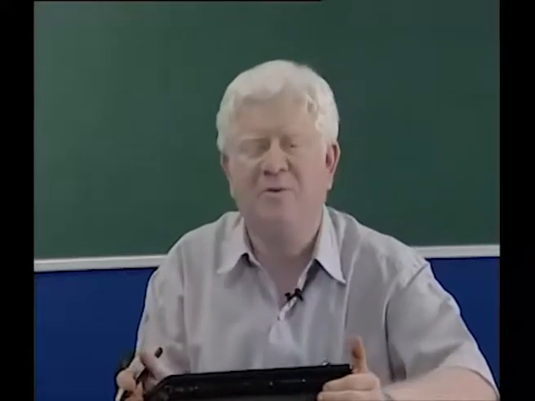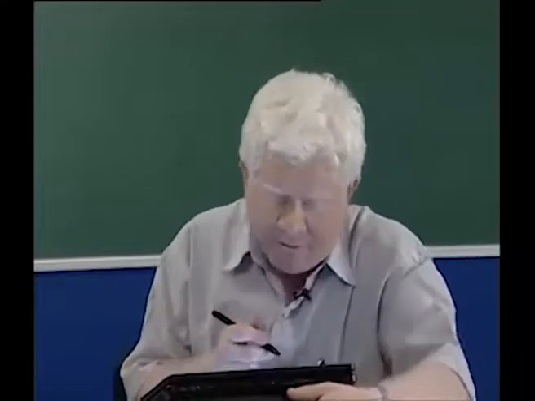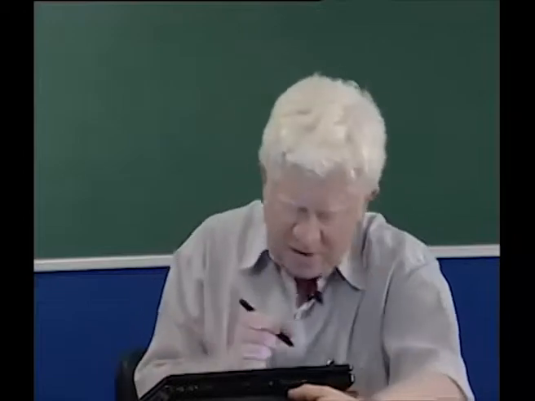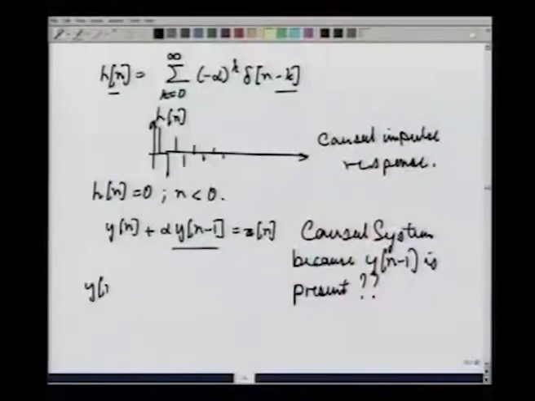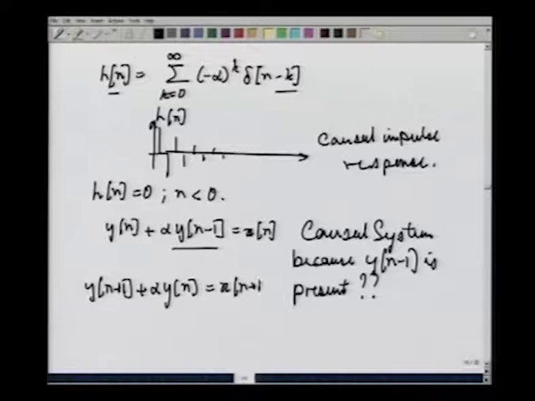And in order to turn the whole thing upside down, let me make some very simple changes in the way this equation has been written. Instead of n, I will write n plus 1. So, I will get y[n+1] plus alpha y, now n minus 1 becomes n because I have added 1 to the time variable at all the points, plus alpha y[n] equals x[n+1].